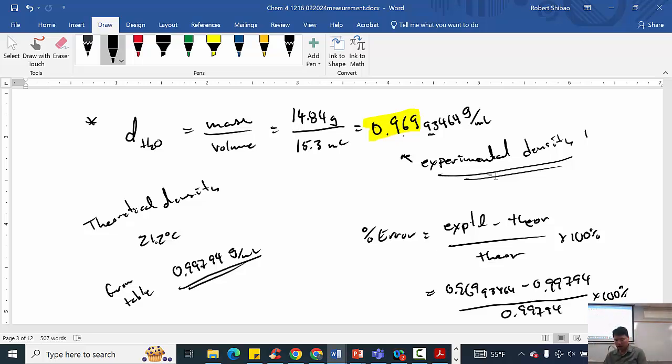Let's go ahead and calculate this. This is 0.9699464 minus 0.99794, divided by 0.99794, times 100.